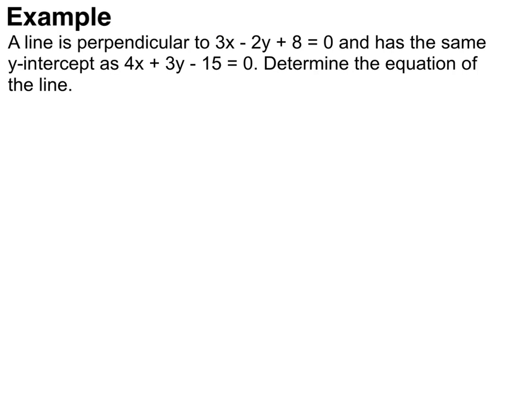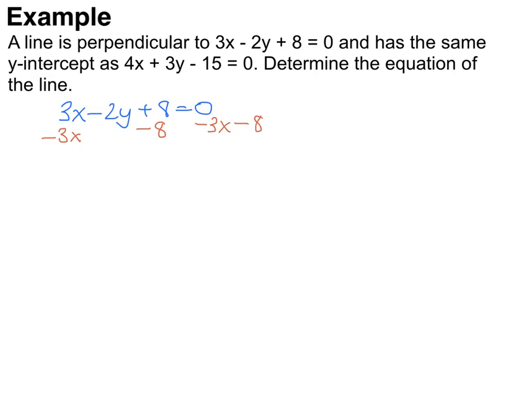So this thing says 3x minus 2y plus 8 is equal to 0. We're going to get rid of the 3x on this side, so we're going to take away 3x on both sides. We're going to get rid of the plus 8 on the left side, so we're going to subtract both sides by 8.